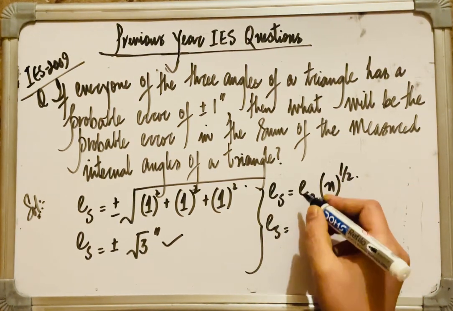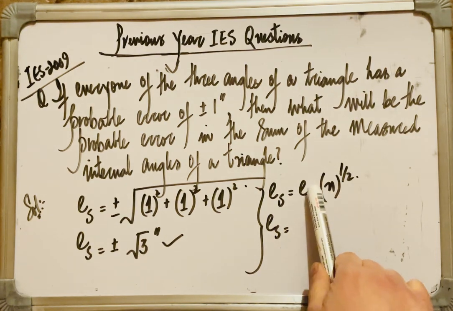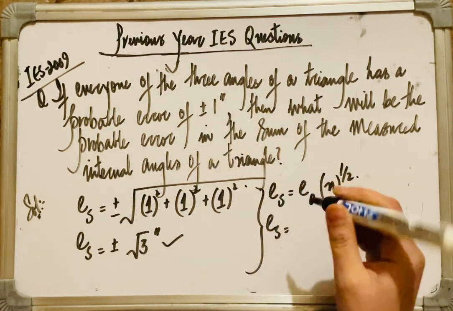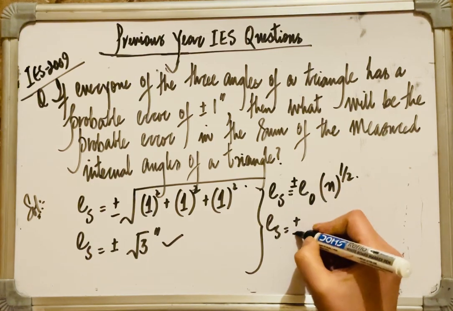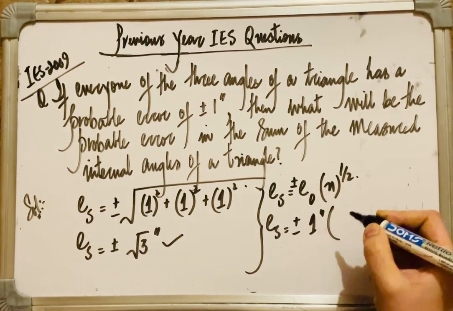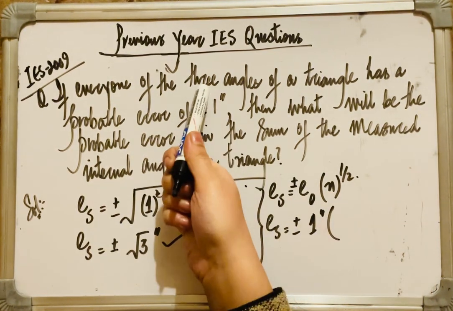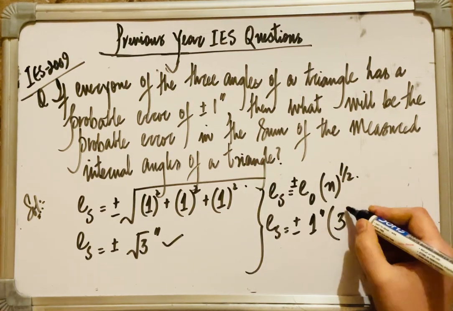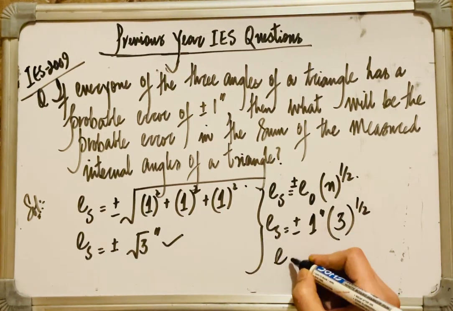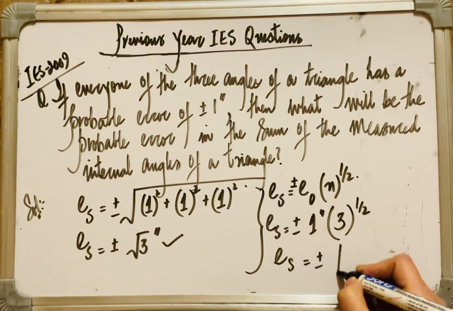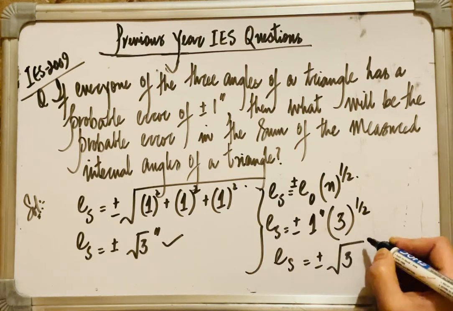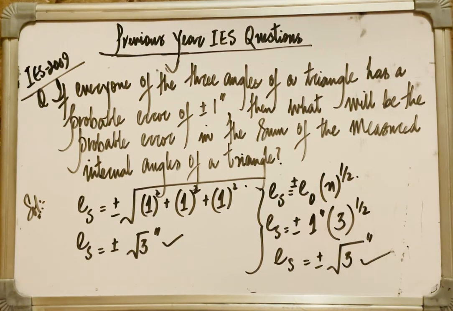So in each of the observed quantities I have a probable error of 1 second, multiplied by the square root of the number of observations. We have three angles in a triangle, so it is plus minus square root of 3 seconds. All right, so this was the question as asked in IES 2009. Moving on, let's do the next question.